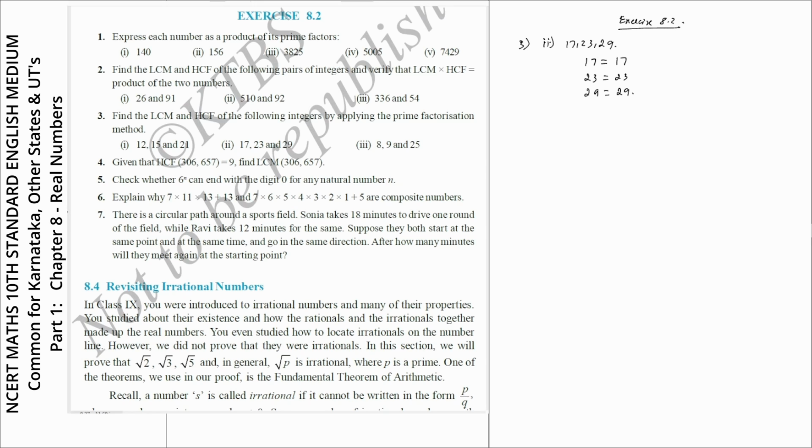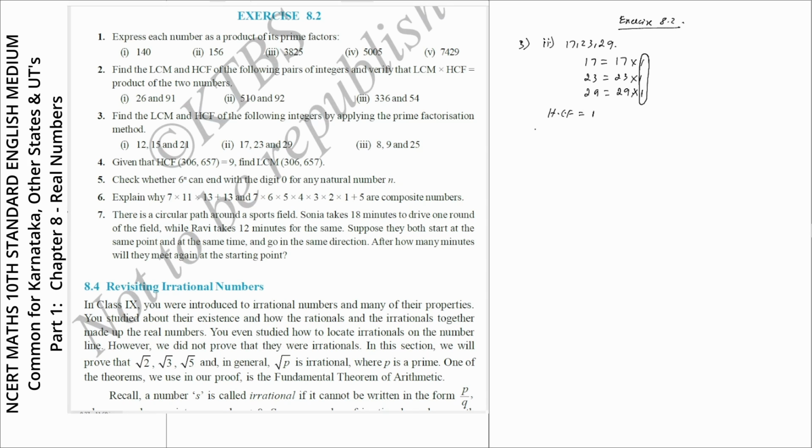So now 17 I can write as 17 into 1, 23 I can write as 23 into 1, and 29 I can write as 29 into 1. Now highest common factor. So only 1 is common among these 3. So HCF is 1.